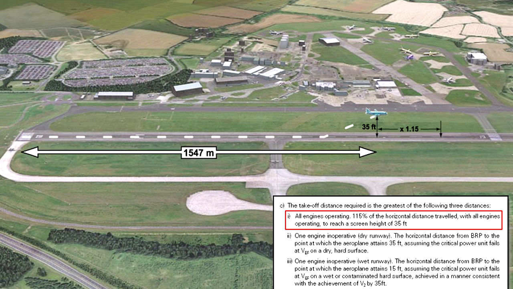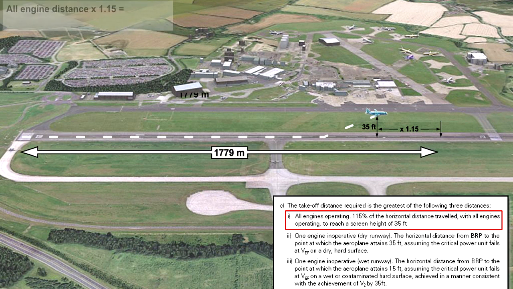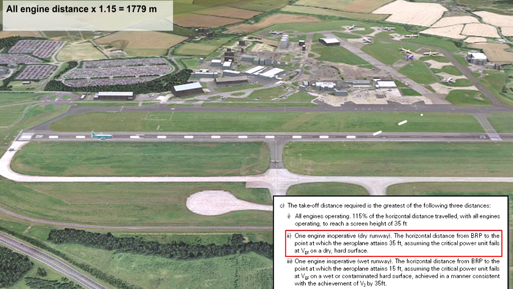As an example, let us assume that this distance is 1,547 meters, and when multiplied by 1.15, it becomes 1,779 meters. The second distance also assumes a dry runway, but this time with one engine inoperative. This second distance is the total distance from brake release to 35 feet, assuming the engine failure occurs at VEF.